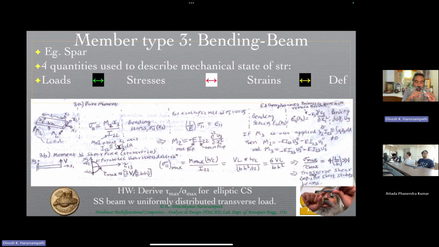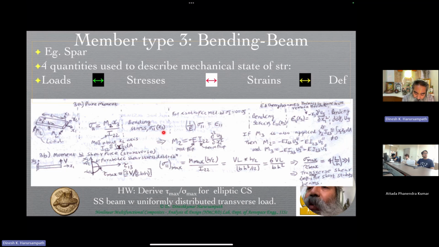So in the extreme cases, the maximum compression is happening on the top face, and the maximum tension is happening on the bottom face, and anywhere in between it's varying in a linear fashion. That sigma 11 is what we have indicated as a function of x3 over here. We don't yet know with the data we have presented so far that it is linear, but we can show that it is linear.